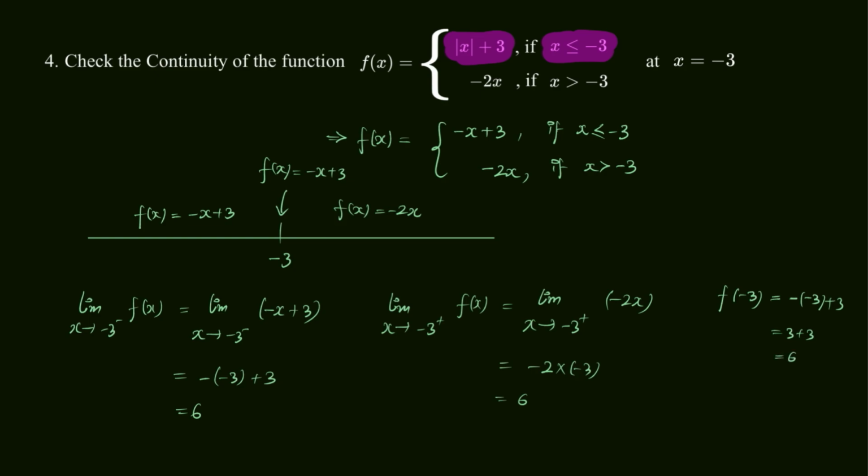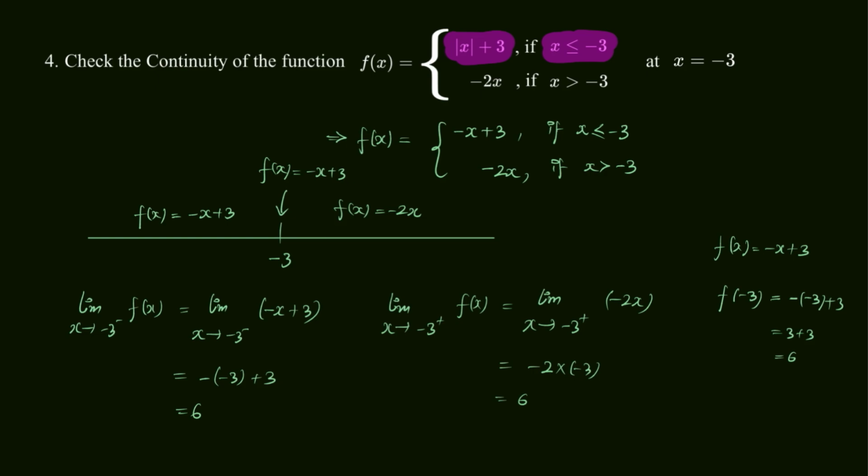I hope you understood how we found the functional value. Since my function f(x) was minus x plus 3 at x equals to minus 3, f of minus 3 will be minus of minus 3 plus 3, which will be eventually 6.